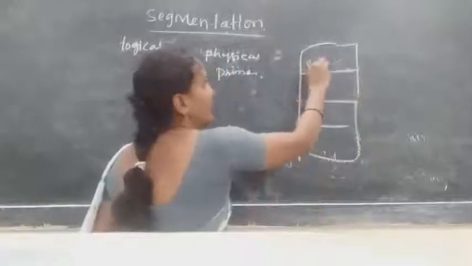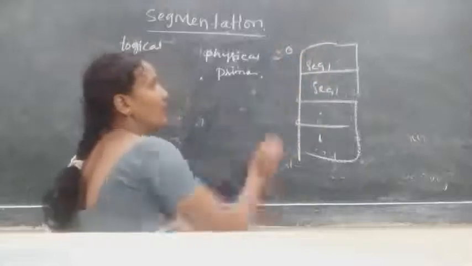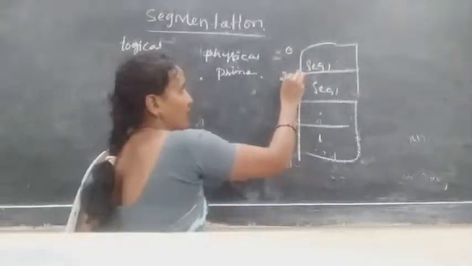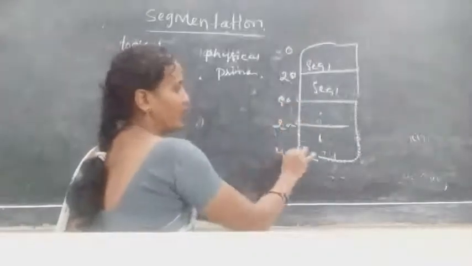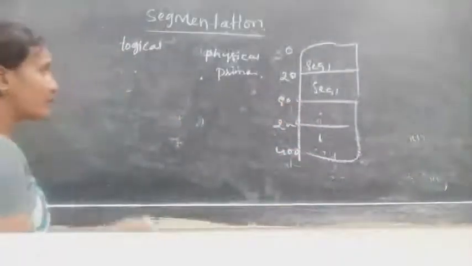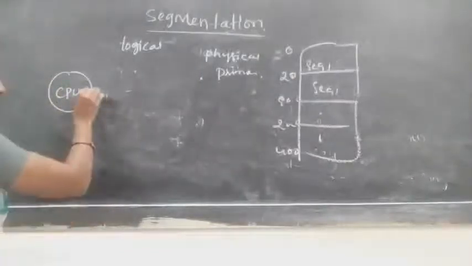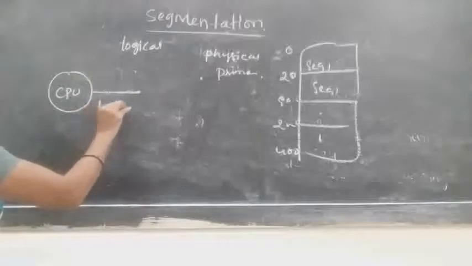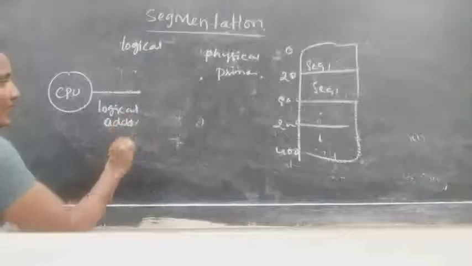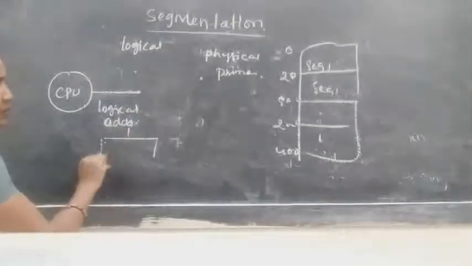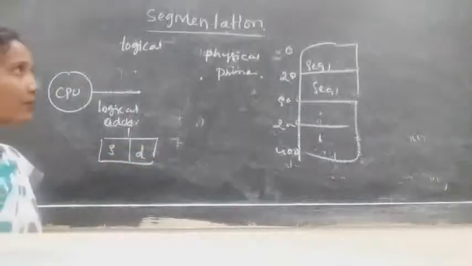The example has segment 1, segment 2 and so on. Segments start from 0, and the sizes are 20, then 80, 200, 400. Here the CPU is there, and the CPU generates a logical address which consists of two parts: one is S and the second one is D, the offset.